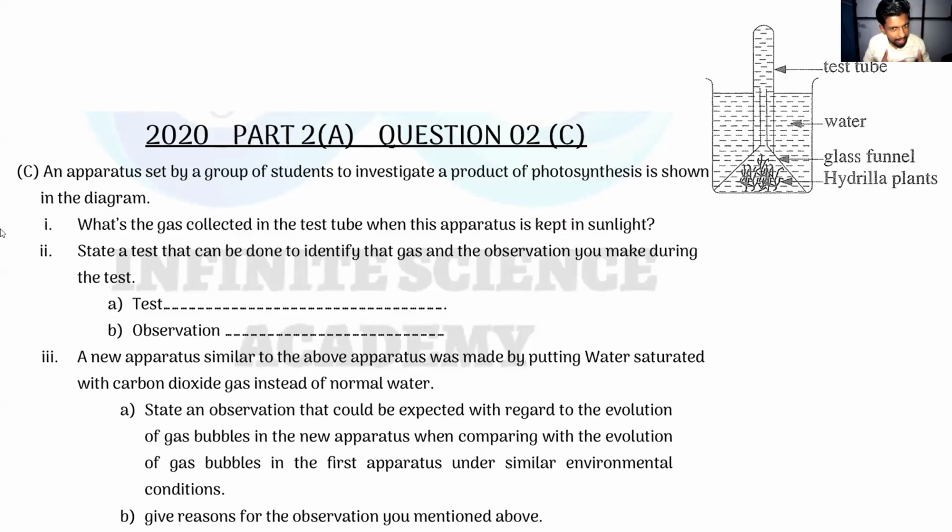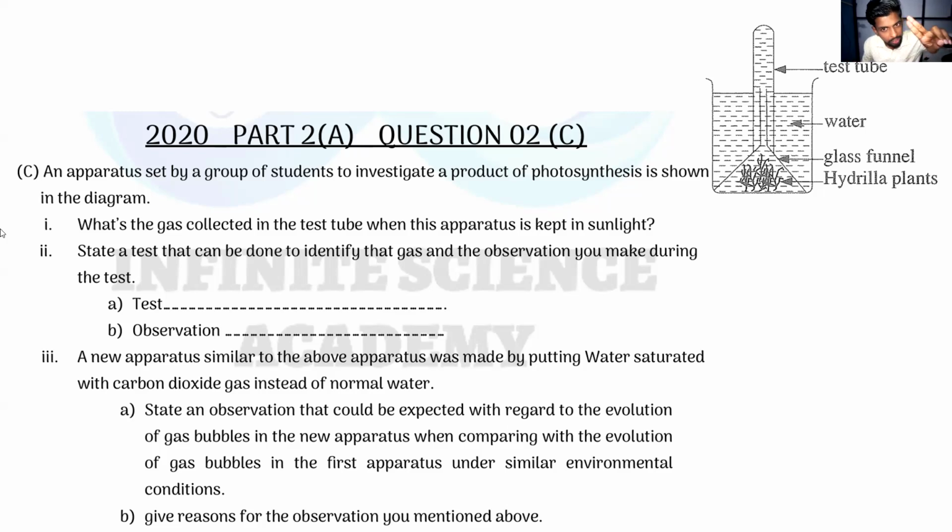Riha, I said that because you mentioned to insert a glowing splint, but you haven't mentioned the observation. In the previous question, you had to write the step and the observation. But this question is a little bit different. You want to mention insert a glowing splint, and the glowing splint will relight with a bright flame.